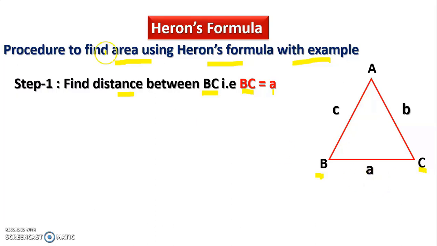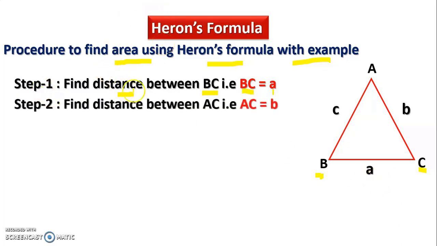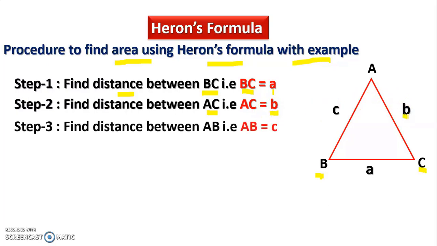Find the distance of AC, that is equal to b. Find the distance of AB, that is equal to c. First we should find the distances of AB, BC and CA.